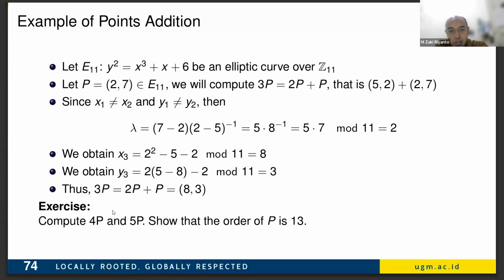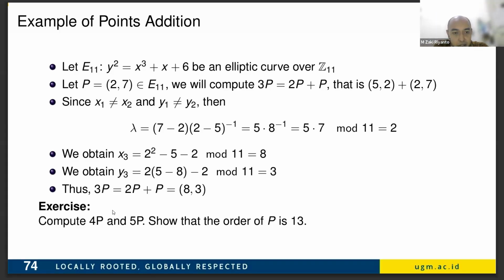And now we want to compute 3P. We can compute this by P plus 2P, or 2P plus P, or P plus P plus P. In this example, we want to compute (5, 2) plus (2, 7).